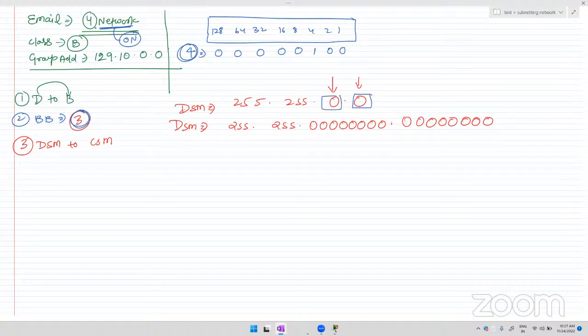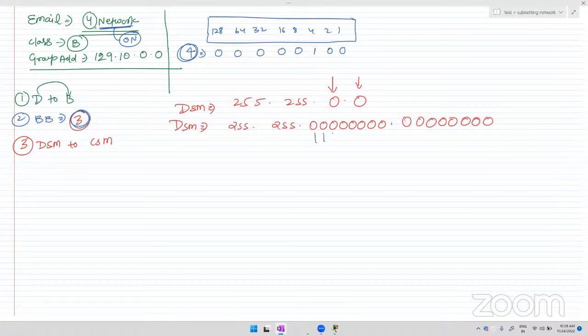The third octet, because if you fill the third octet, then you can jump to the fourth octet. It's not possible to fix the fourth octet first and then go to the third.